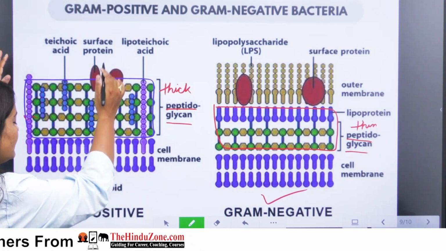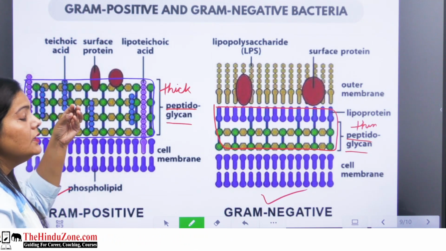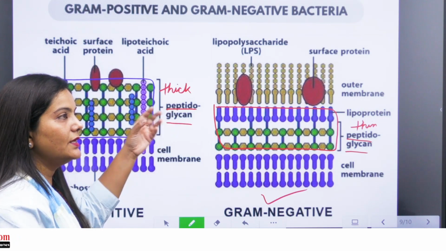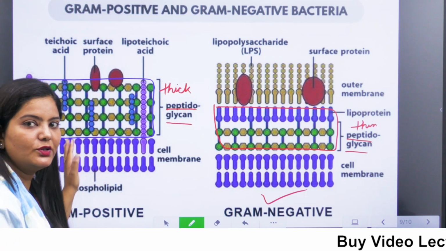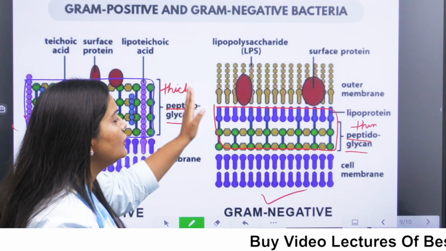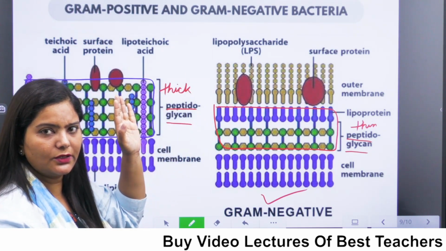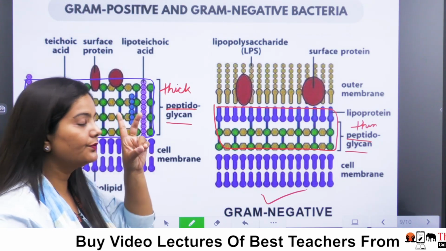Here on the gram positive side, 70 to 80% of the peptidoglycan or murein is present, and just 40 to 50% on the gram negative side.